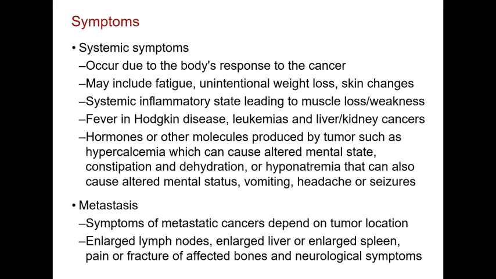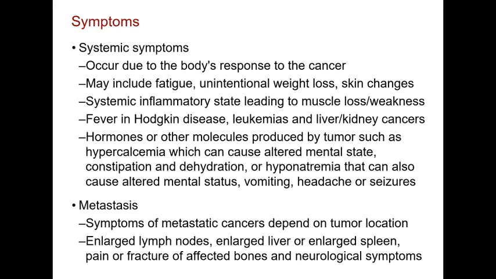Then hormones or other molecules produced by tumors can cause problems such as hypercalcemia, that is increased concentration of calcium, which can cause altered mental state, constipation and dehydration. So when the tumor produces certain hormones that lead to increased concentration of calcium in blood, we see that the mental state is altered, constipation can occur in the patient and dehydration can occur.